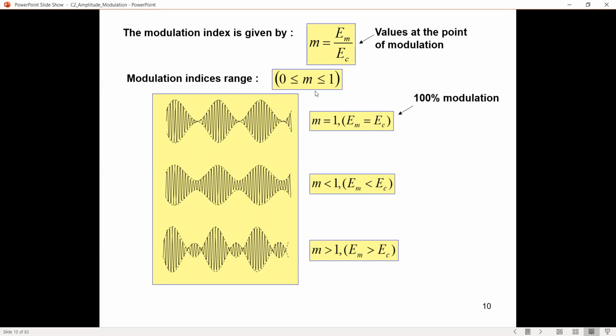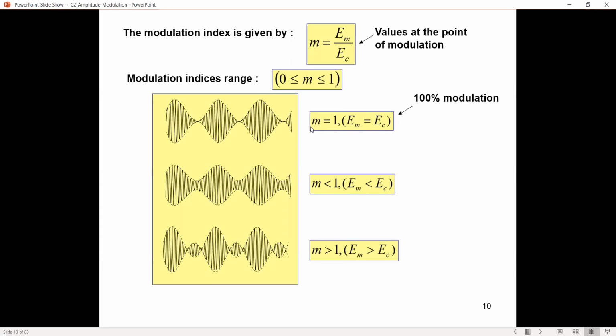Okay. So M is equal to EM over EC. And there are three scenarios. The choices of our M will affect our signal's performance. When M is equal to 1, or EM equal to EC, this is 100% modulation.